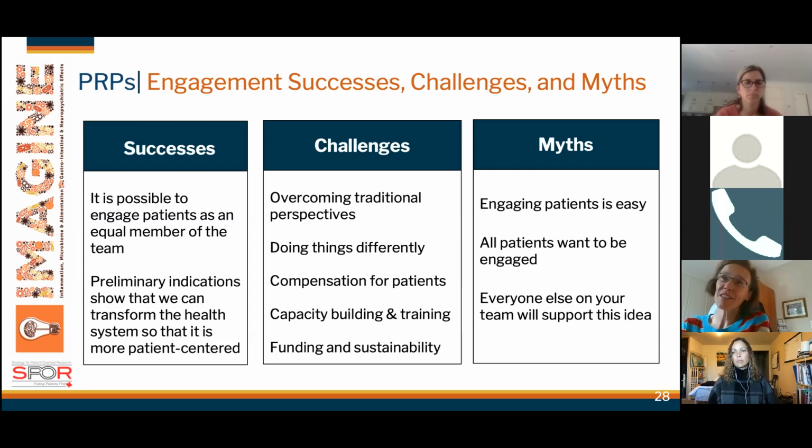Because as I said, relatively speaking, this is fairly new, and it's a different culture and a different way to work. But I think it's pretty clear that it is possible to do so. And I think the consequences that we're beginning to see are that we can change the health system in ways that it's more patient-centered. We can do things in a better way.